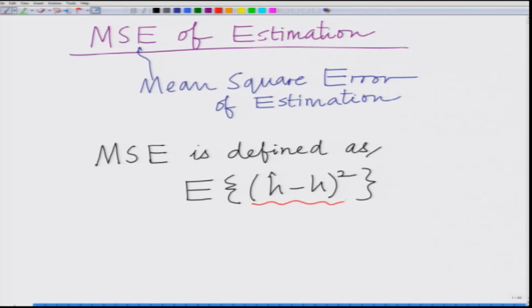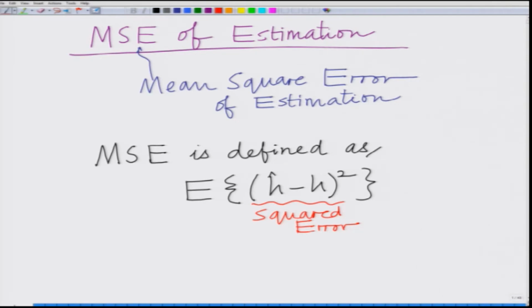This is naturally the squared error, where h hat, remember, is the estimate, correct. h is the underlying true parameter. So we are looking at the error, which is h hat minus h, we are looking at the squared error, which is h hat minus h square, and then we are taking the expected value, the expectation operator, which gives us the average value of the squared error, which is nothing but the mean squared error.